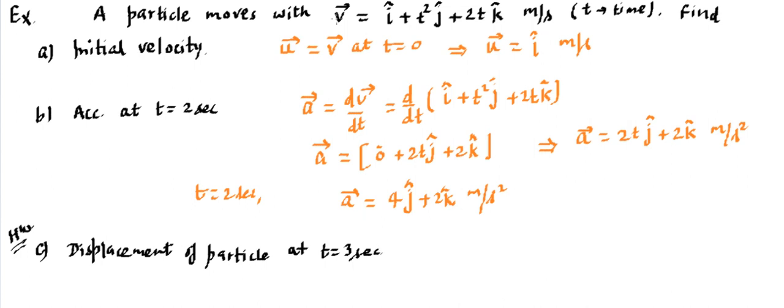Here the velocity is known to us. We are looking for displacement at t equal to 3 seconds. We had a similar question in the previous example. So you can take the clue from the previous example, solve this, and give the answer in the comment box. This will be a practice question for you, and if you are able to solve it, that will indicate that you have grasped these new notations and new calculations which you may not have been familiar with earlier.